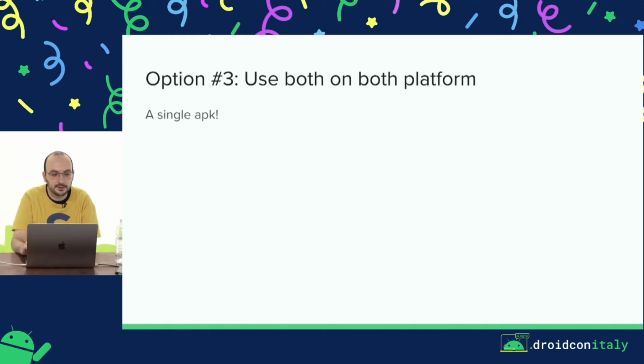One of these pros is that we have a single APK and we can upload it on both stores without caring about this one being only for Google, this other only for Huawei. But it's a bigger APK, of course, since it embeds more libraries than we actually need on each platform.